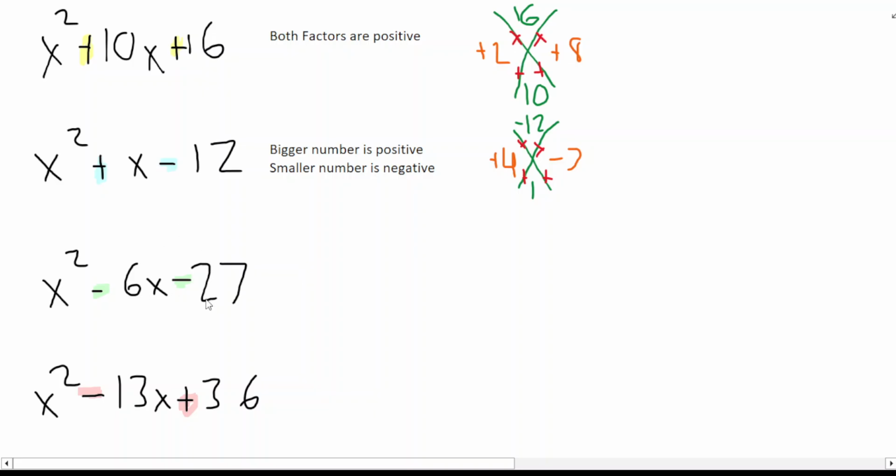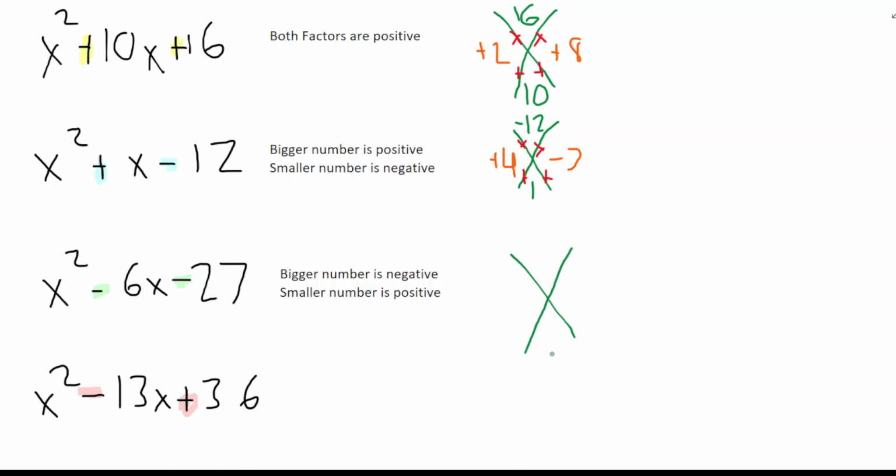Now, the third case is going to be very similar to the second case because now my second number is negative and my third number is also negative. We're going to switch up the case of the second problem, where now your bigger number is negative and your smaller number is positive. So you're still going to end up having one negative value and one positive value, except the bigger number is now going to be the negative number instead.